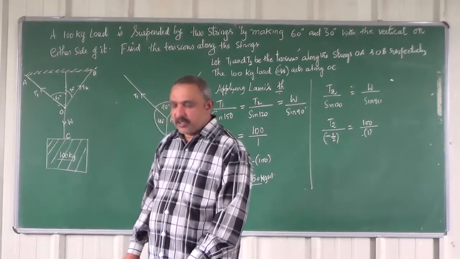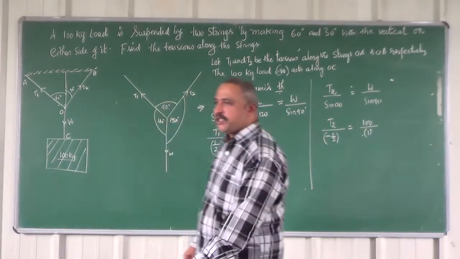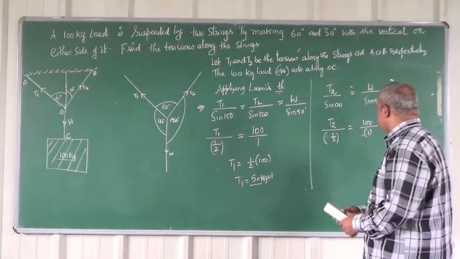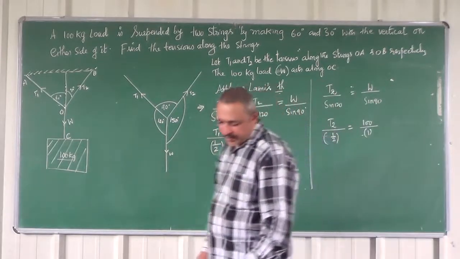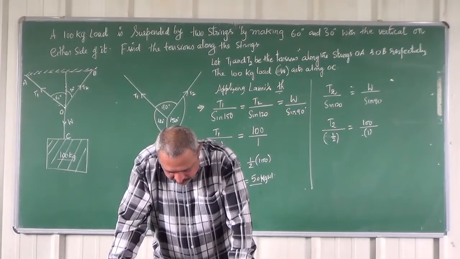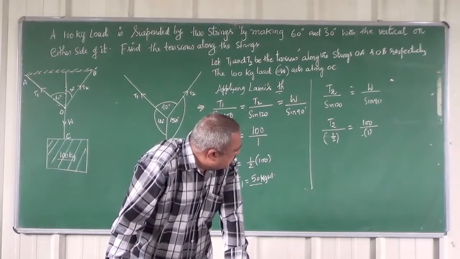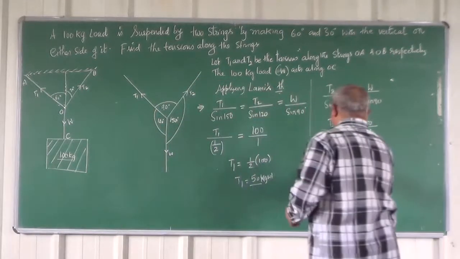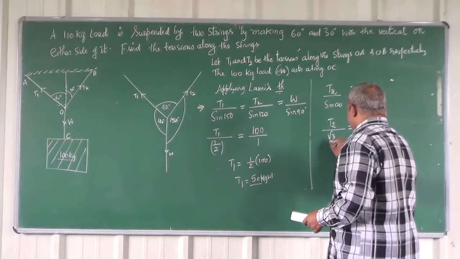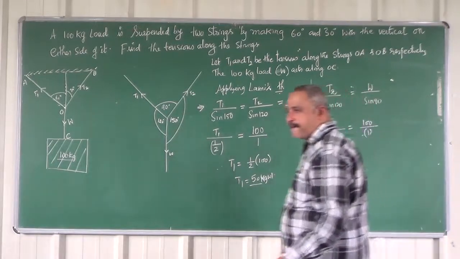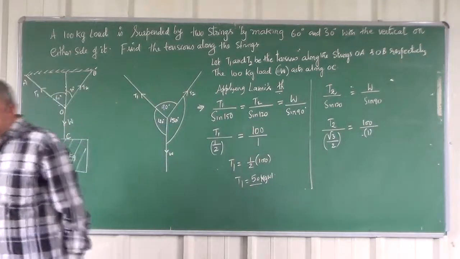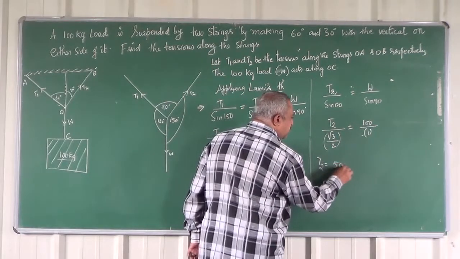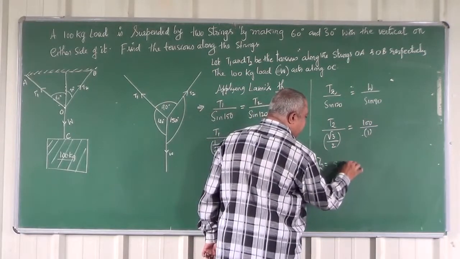Sin 120 is sin 60. What is the value of sin 60? Root 3 by 2, not half. A big correction, please. This is root 3 by 2. So T2 is equal to 50 root 3.